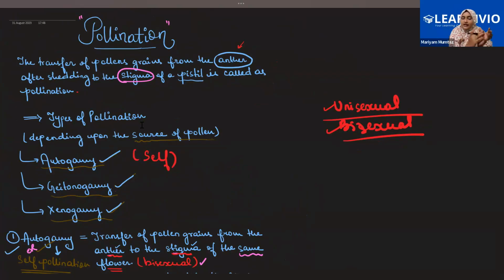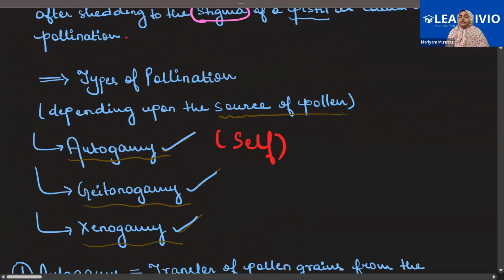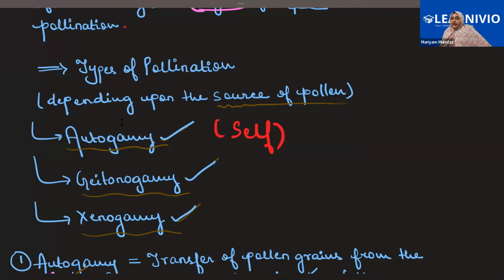Starting from the anther, they get transferred onto the stigma, which is the landing portion of the pistil, and we call this whole process pollination. Now, pollination can be of three basic types, which depends on where the pollen grain is coming from. There are three types of pollination: autogamy, geitonogamy, and xenogamy.